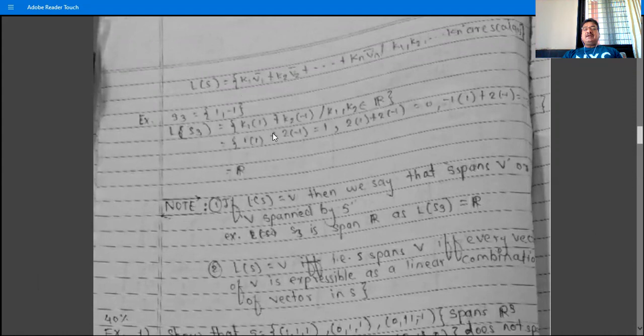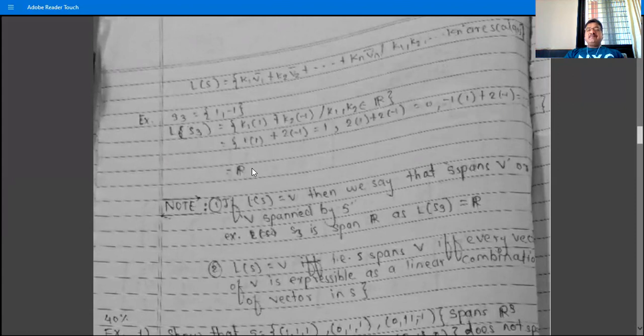Suppose k1 is 1 and k2 is 2, then we have the element -1. Suppose k1 is 2, k2 is also 2, we have 0 as the element. Suppose k1 is -1, k2 is 2, we have another element. In this way, if we take fractions, suppose k1 is 1/2, k2 is 0, then we get the element 1/2.